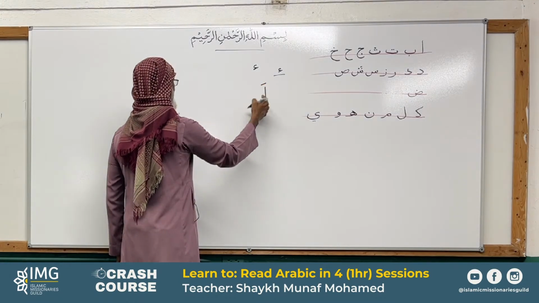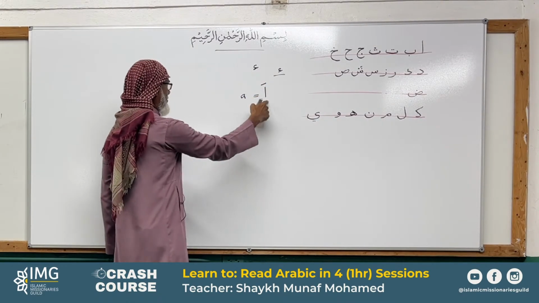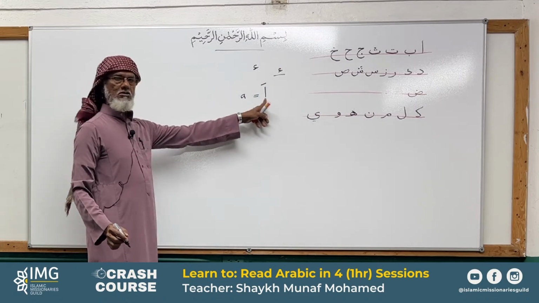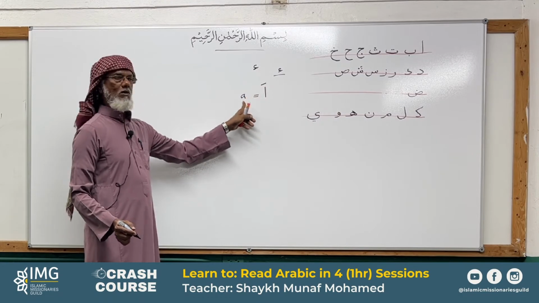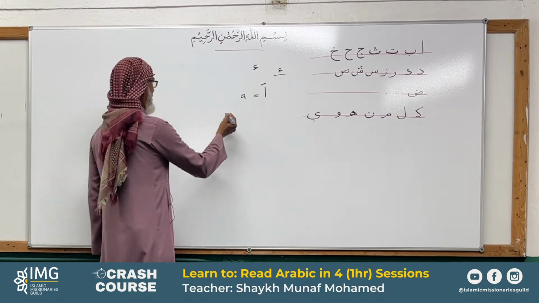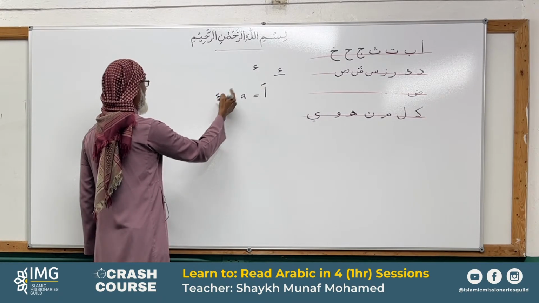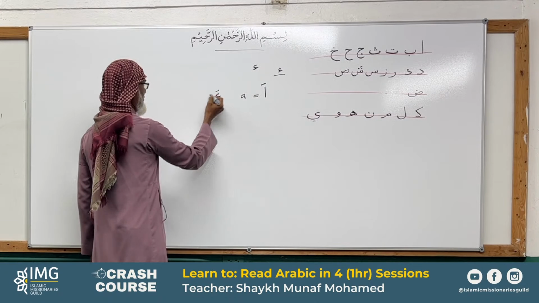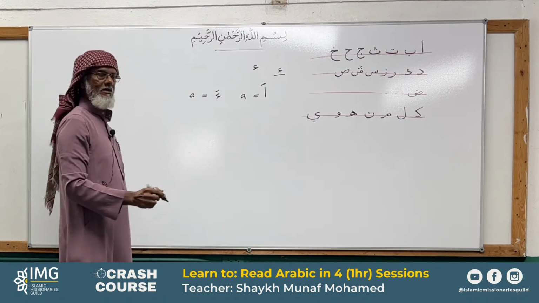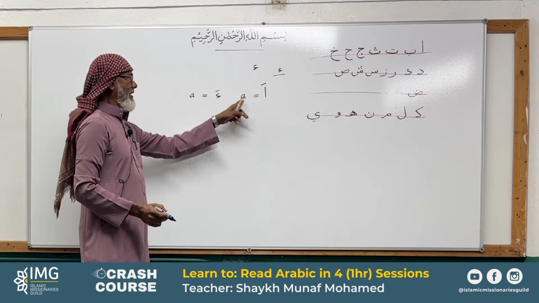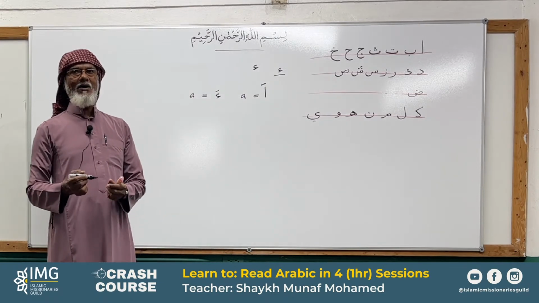So if we have alif with a fatha, it gives me this sound a, because we said that the alif does not have any sound of her own. So it's actually the vowel that we are actually seeing. Okay? And then if you take the Hamza and you put the same vowel, you get the same output, which is also a. So alif fatha is a, and Hamza fatha is the same output a.